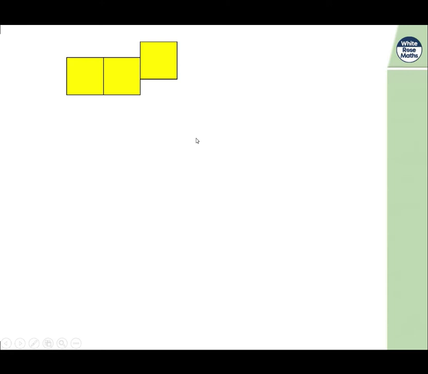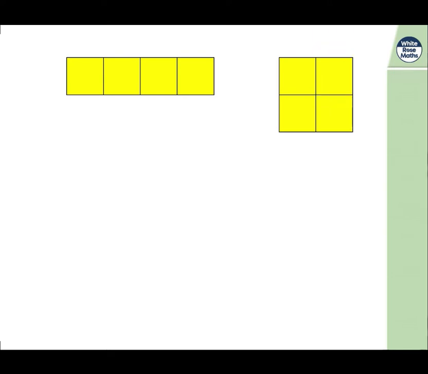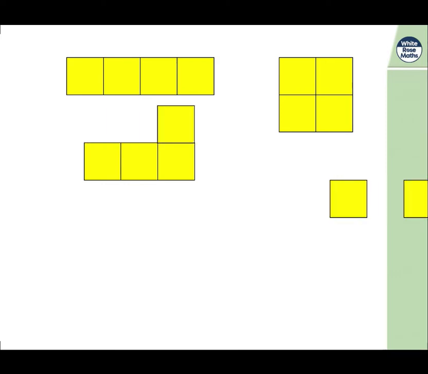Here I have 4 squares. I could put them in a line like this, or I can put them in a square like this. I could have 3 together and put one at the end like this, this, this, or this. I could even have 3 in a line and have one in the middle like this and like this.